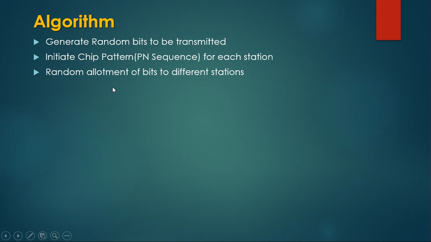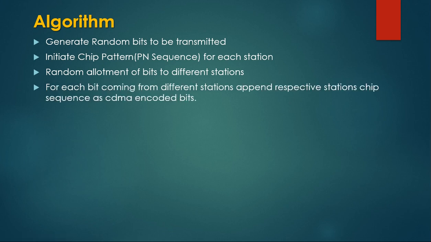So this is a very interesting task actually. Okay, bits we have generated. After that we have taken the chips and then we are randomly allocating the bits to different stations. After that, each bit coming from the different stations should be appended with the respective chip sequence as CDMA encoded bits. So please understand this.